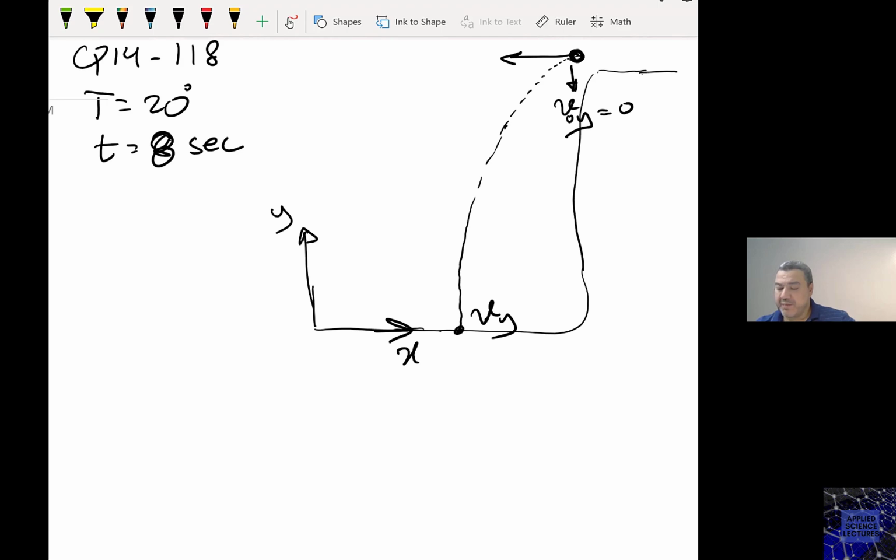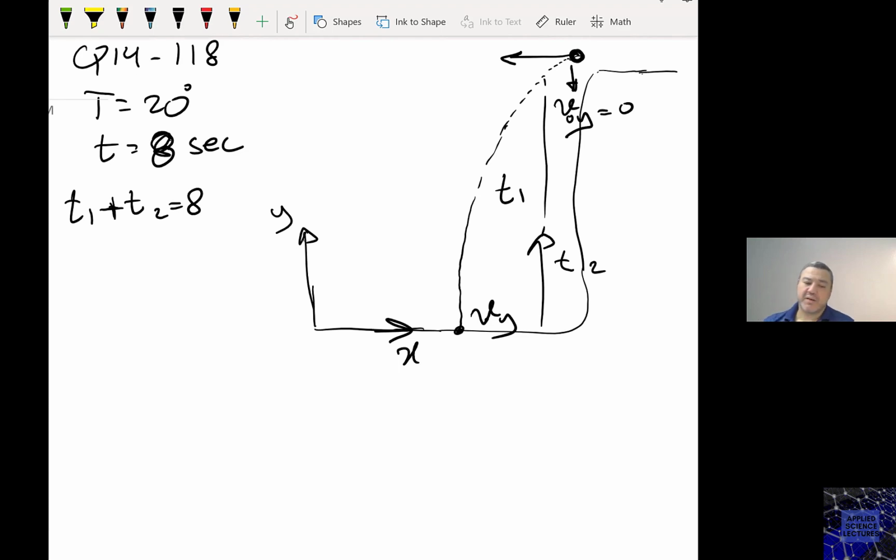Now, the time the stone takes to reach the bottom is T1. The time the sound takes to reach up is T2. So I know that T1 plus T2 equals 8 seconds.